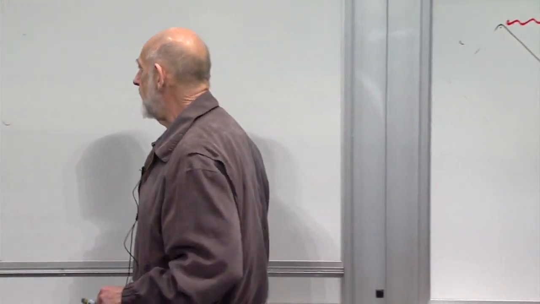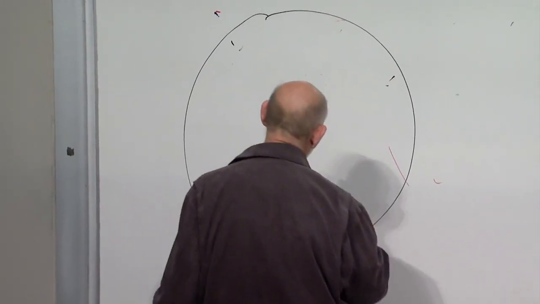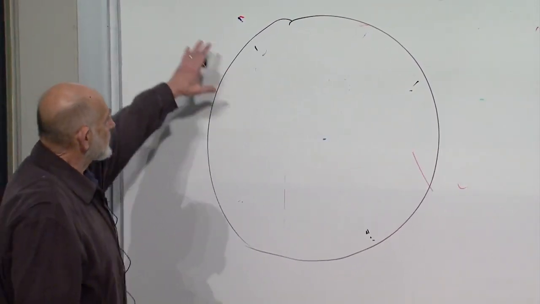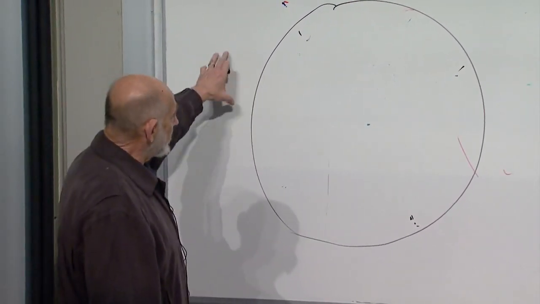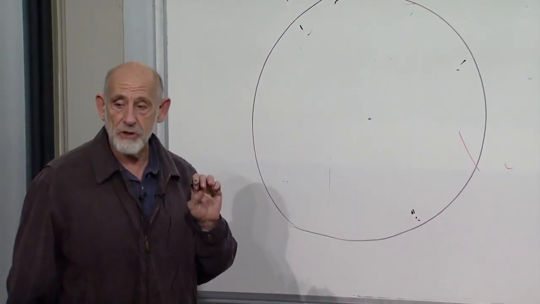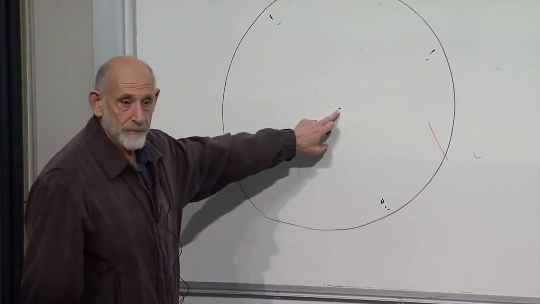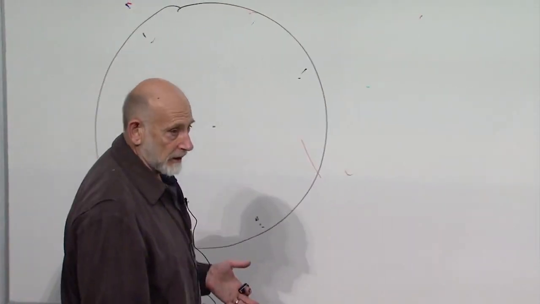So if you have a shell of material, spherically symmetric, with nothing on the interior, there's a gravitational field on the outside. This is Newtonian. There's a gravitational field on the outside which is identical to the gravitational field of a point mass at the center, same amount of mass. But on the inside of the shell, there is nothing.